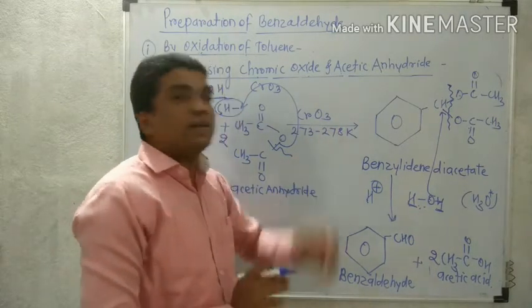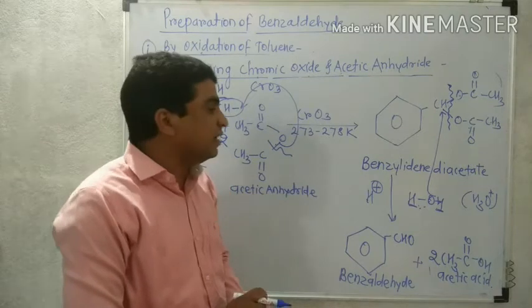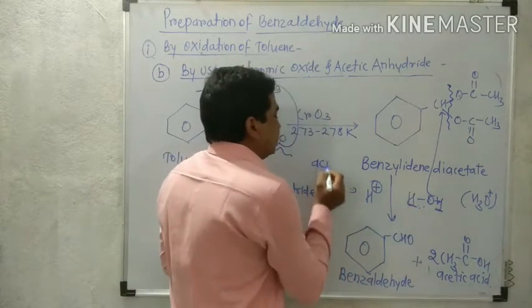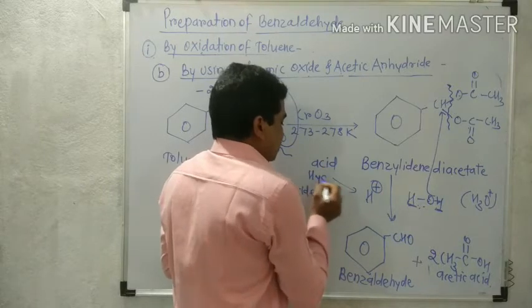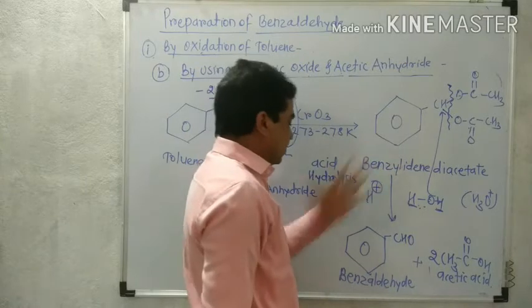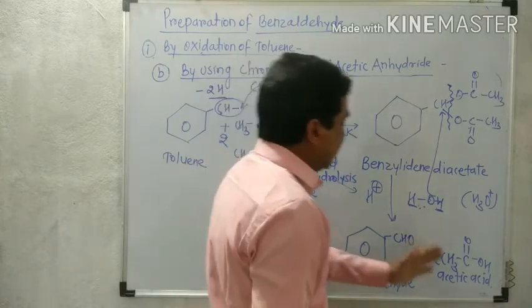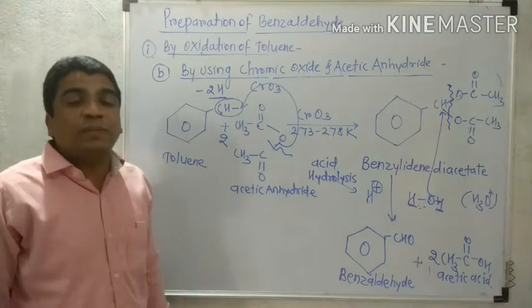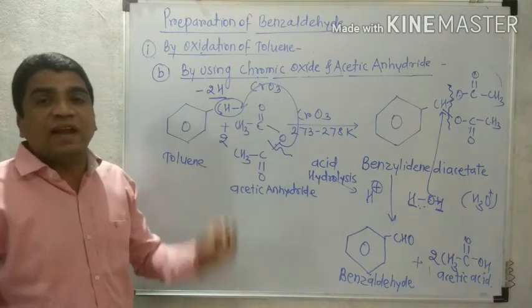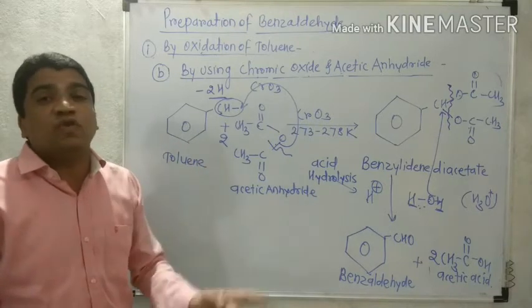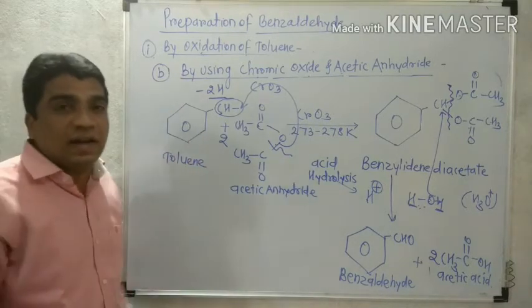After its formation, it undergoes acid hydrolysis and is converted to benzaldehyde and acetic acid. That is the second method of preparation of benzaldehyde from toluene by oxidation using chromic oxide and acetic anhydride.